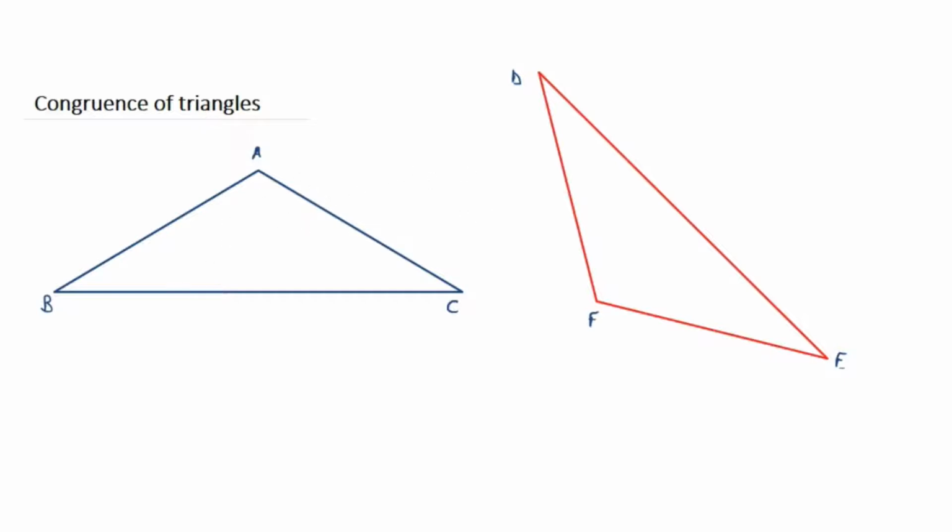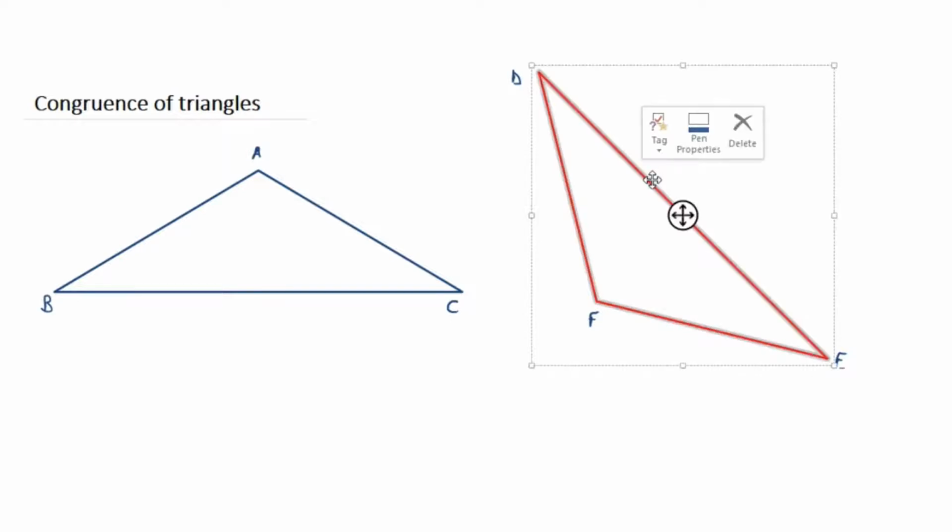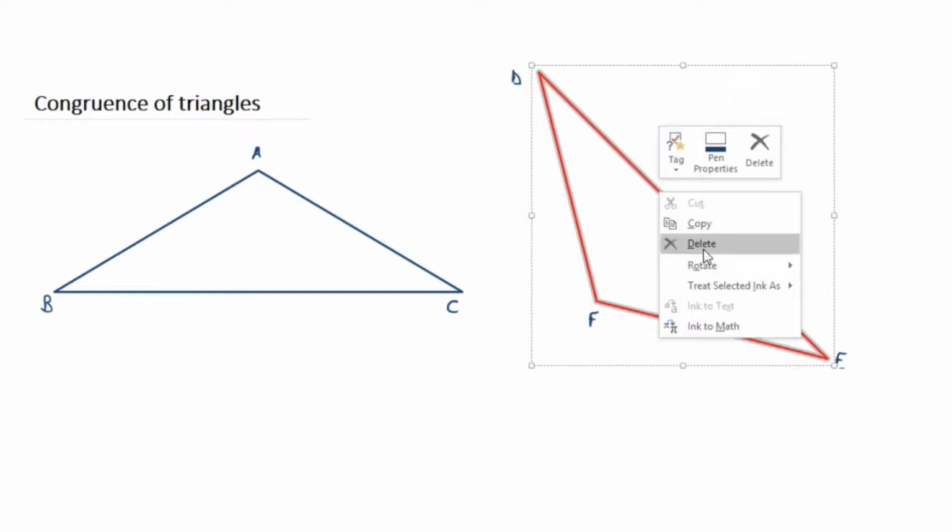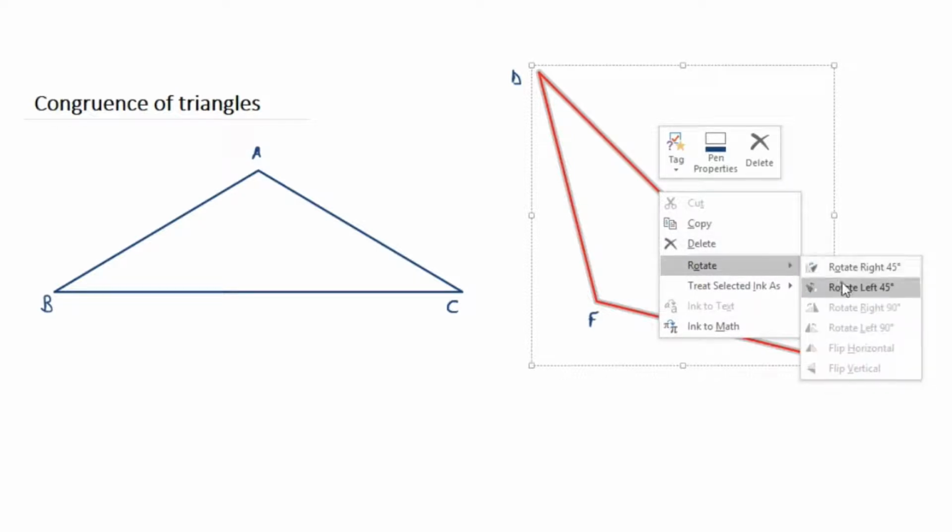If we can rotate one of the figures and put it on top of the other, and in case they completely overlap, then we can say that they are congruent, otherwise they will not be congruent. So let's see if we can rotate it, put it on top of the other, and then see if they can be congruent. So let me rotate first.